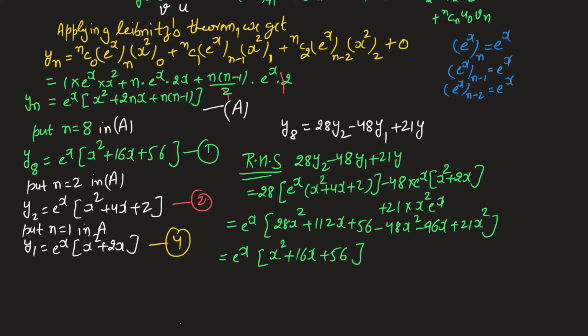And here if you pay attention, this is nothing but y8. So this is equal to y8, which is nothing but the left hand side. So therefore we have proved the result.